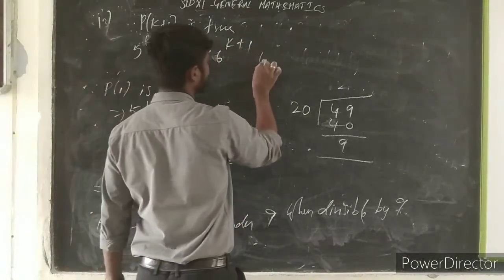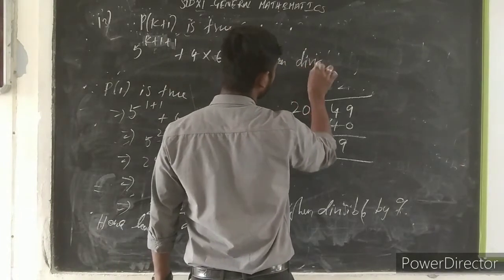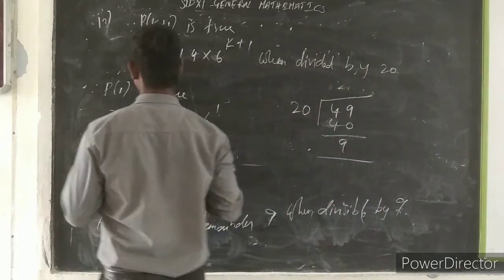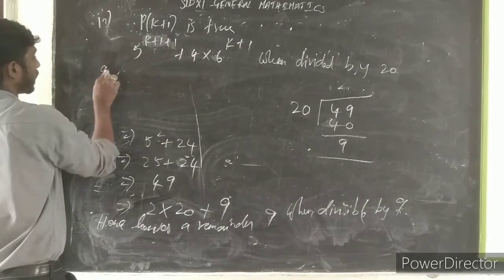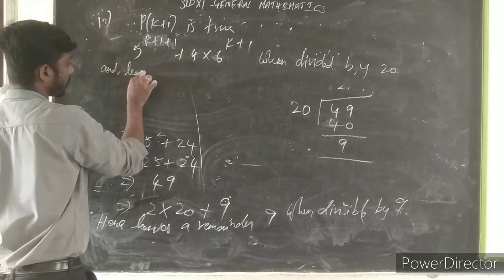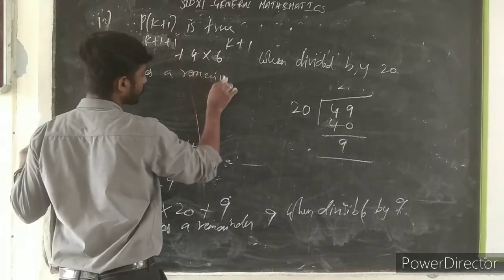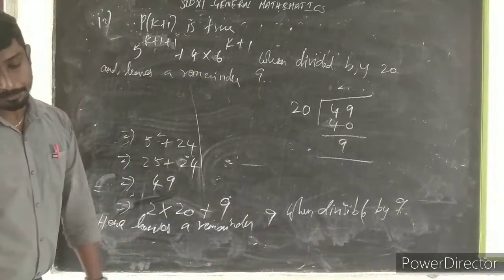So here this will be the same condition: when divided by 20 it leaves a remainder 9. So listen here.